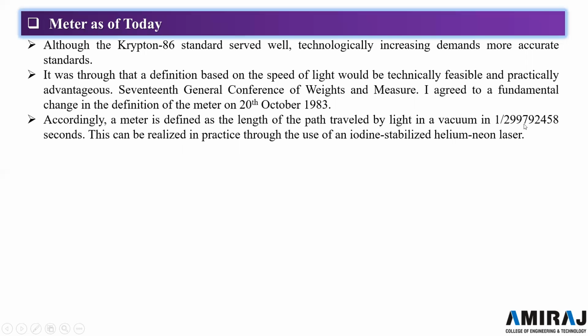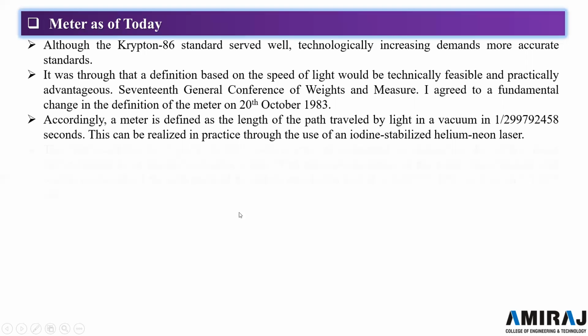In 1 second, light can travel 299,792,458 meters. In kilometers, if you convert it, you will get approximately 3 lakh kilometers within just a second.